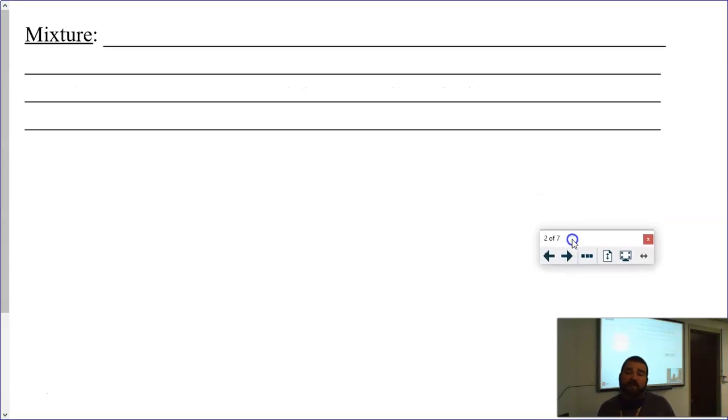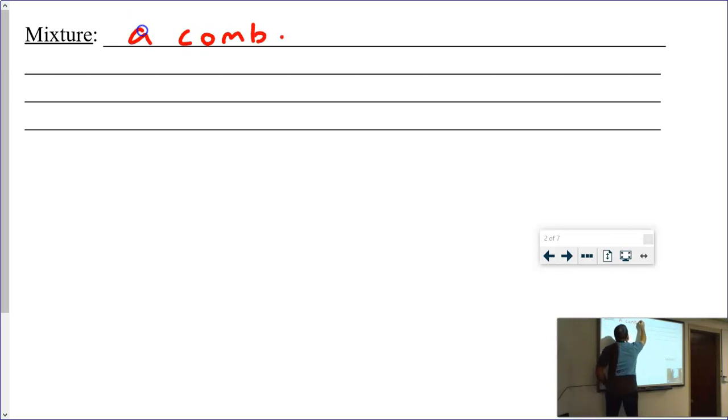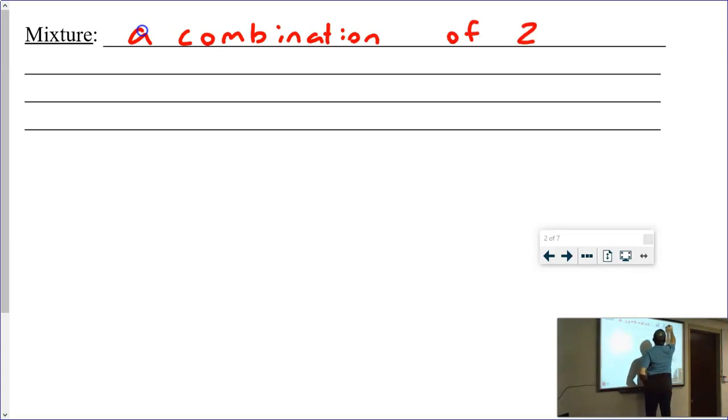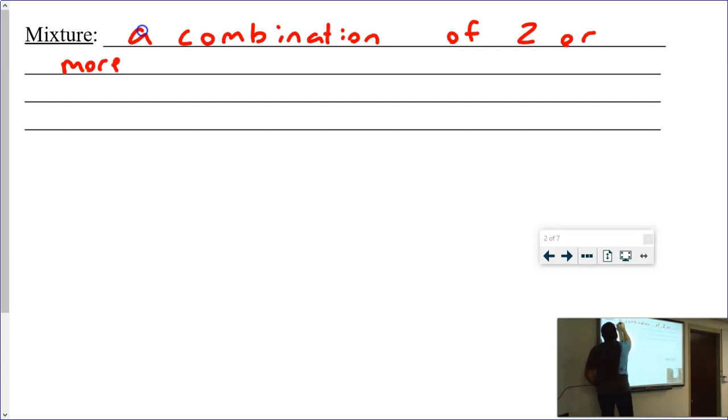All right, first things first, let's get the definition of a mixture. A mixture is a combination of two or more pure substances.